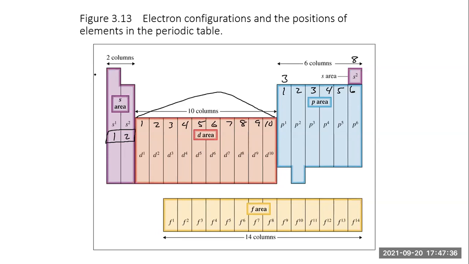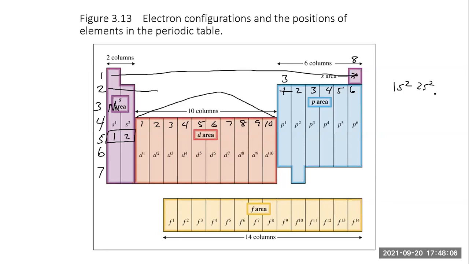There are period numbers: period 1, 2, 3, 4, 5, 6, and 7. For example, if we were going to do sodium, which is right there, this would be 1s2 to there, this would be 2s2 to there, and this would be 2p6 to the end there.